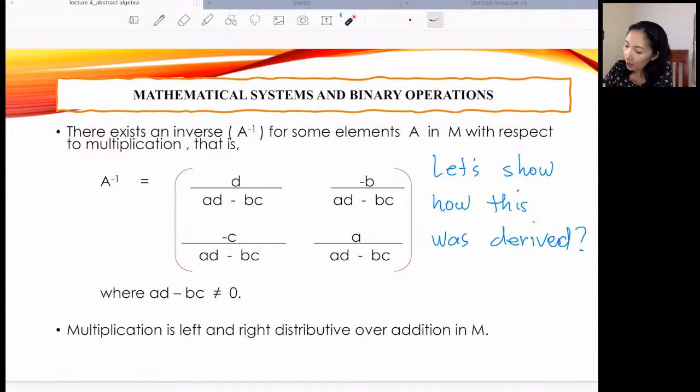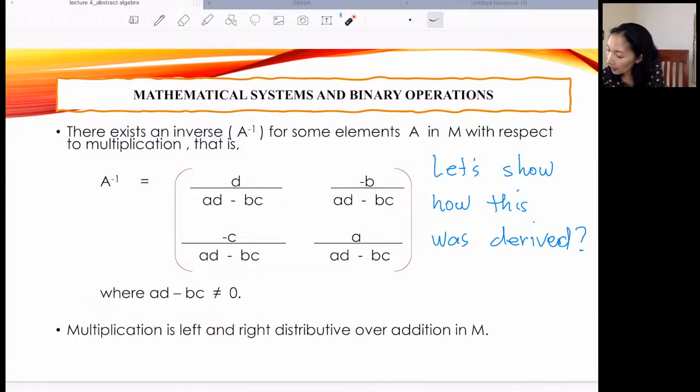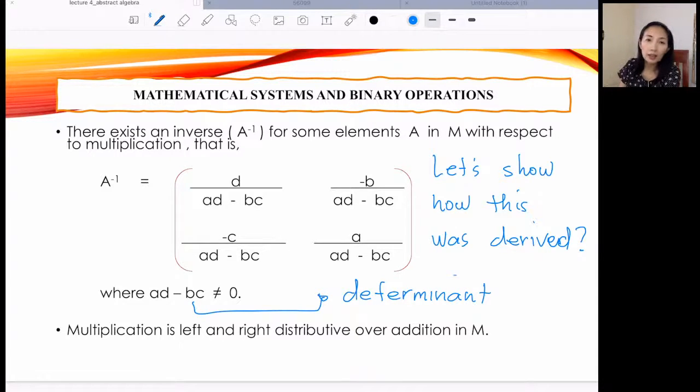Now, please take note that when AD minus BC is 0, then the inverse does not exist. Please take note of that. When the determinant, this is in fact called your determinant.